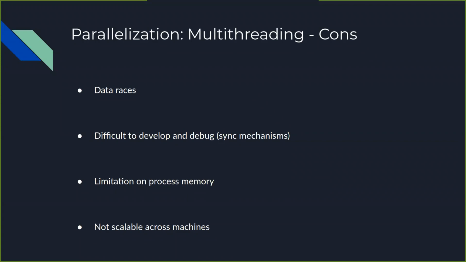There is a limitation on process memory, so each thread shares data with all other threads in the same process. So if the process runs out of memory, then the threads will run out too. And if a thread crashes, your process will also crash.